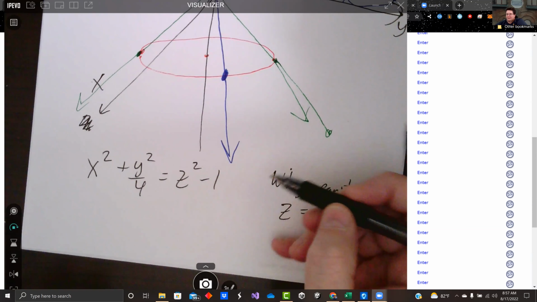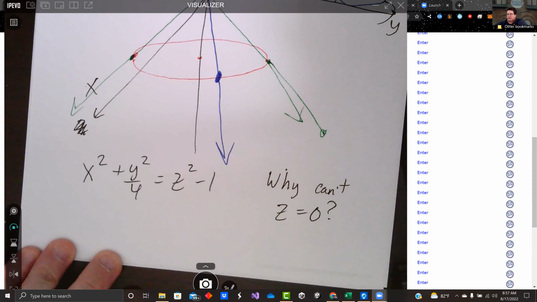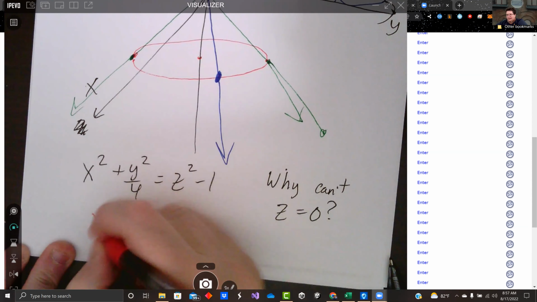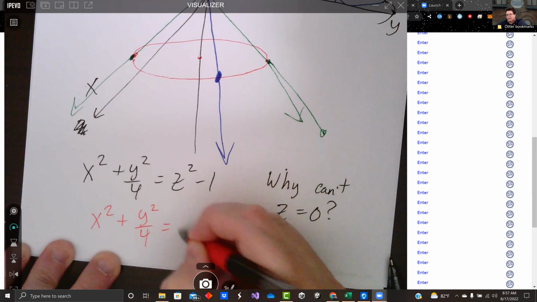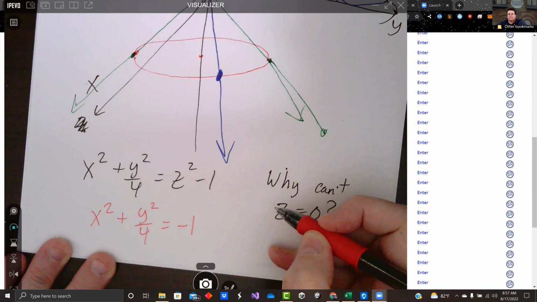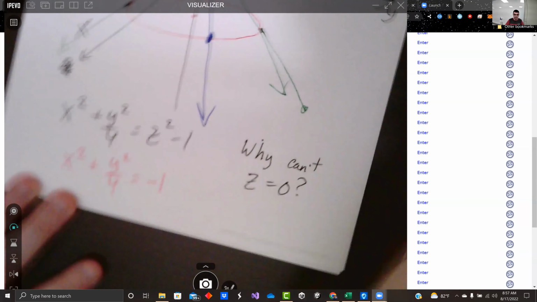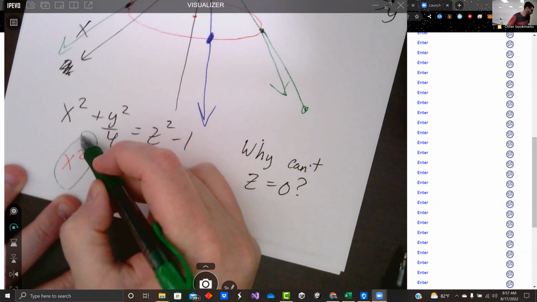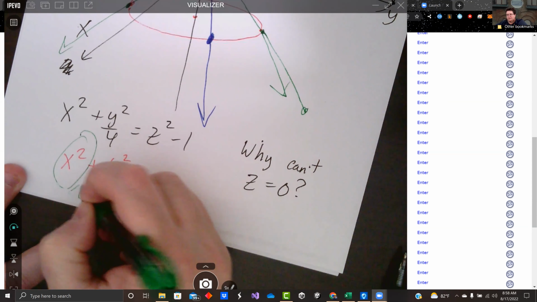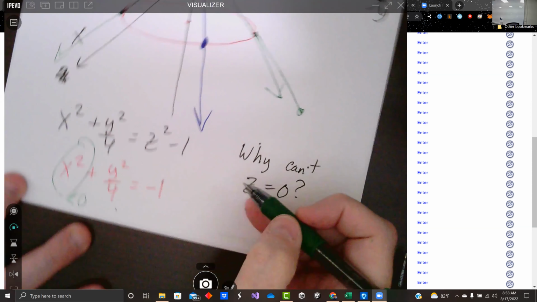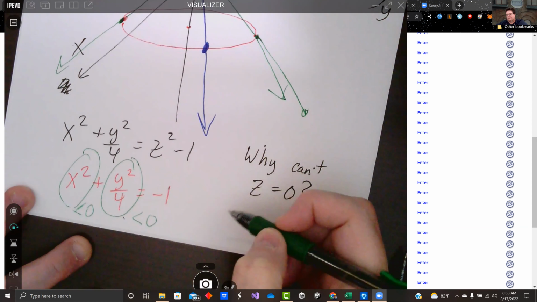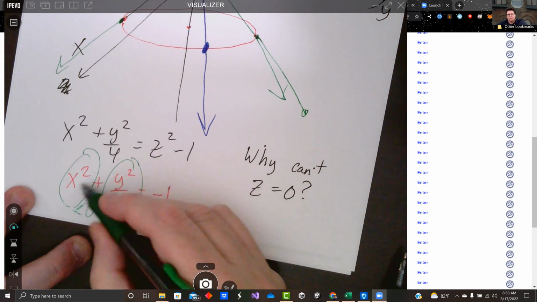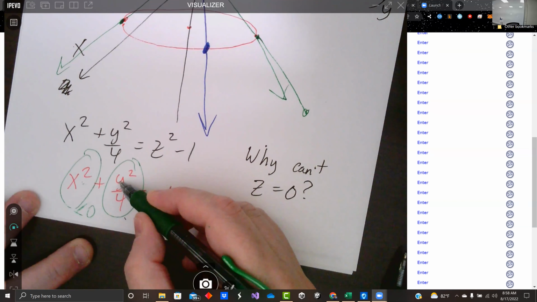Let's look at the equation. If I make z equal 0, I have x squared plus y squared over 4 equals 0 minus 1, which is -1. This is a squared number, which is always greater than 0, and that's a squared number, which is always greater than 0. So I'm adding two positive values.